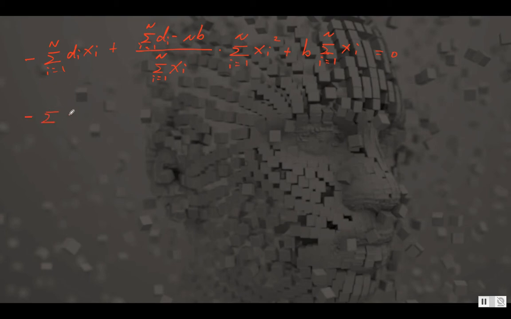So here equal to di, xi, and then summation xi. We multiply this term on both sides, and then plus summation di and minus nb, and then this is the i from 1 to n and xi squared, and then plus b, i equal to 1 to n.